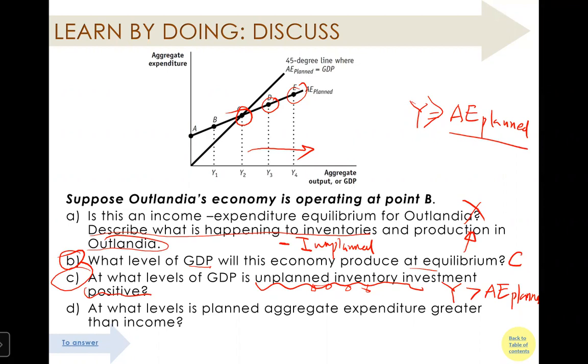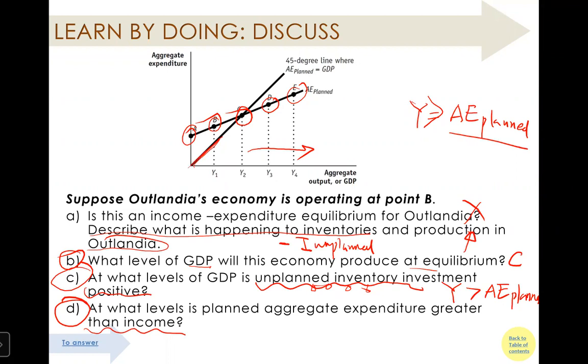Okay, now on to the last part. At what level is planned aggregate expenditure greater than income? At B, you have aggregate expenditure greater than income. This is above the 45-degree line. At A, you have aggregate expenditure above the 45-degree line, right?